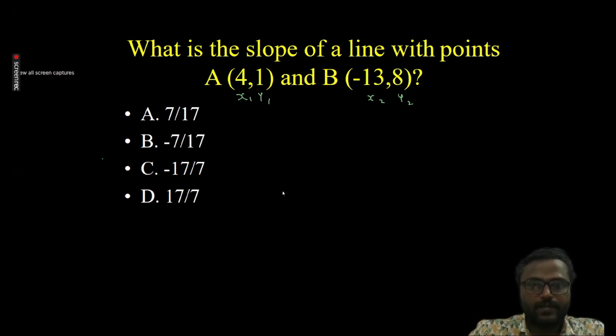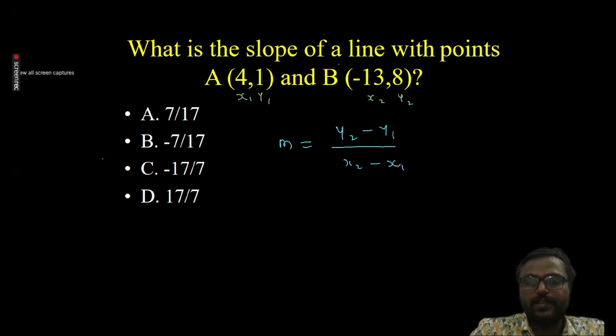I have an answer. I'm not sure, but it's A, is what Daniel is saying. Daniel, I think you should redo it, buddy. M equals y2 minus y1 over x2 minus x1.